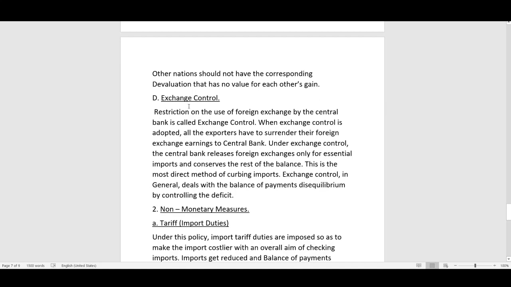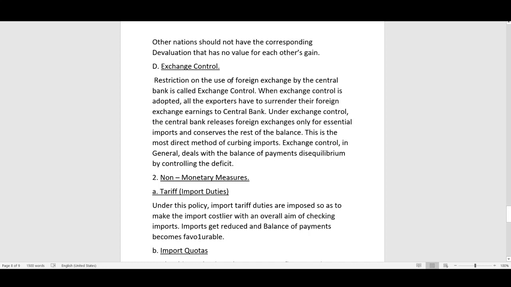Next, exchange control. Restriction means control on the use of foreign exchange by the central bank is called exchange control. When exchange control is adopted, all the exporters have to surrender their foreign exchange earnings to the central bank.